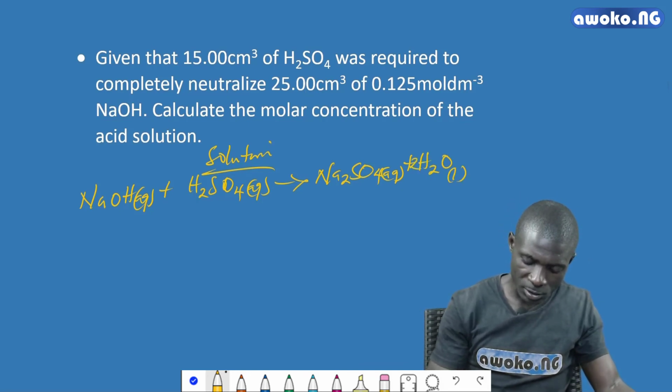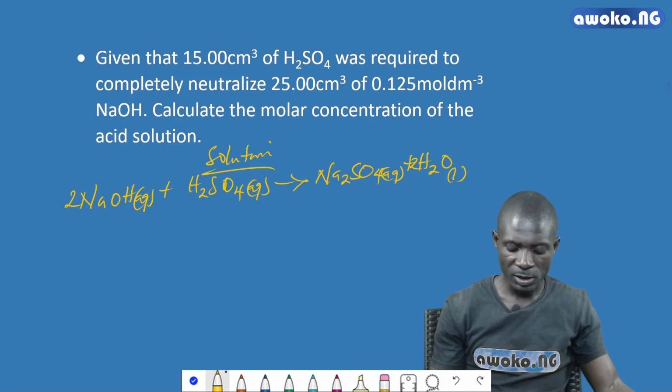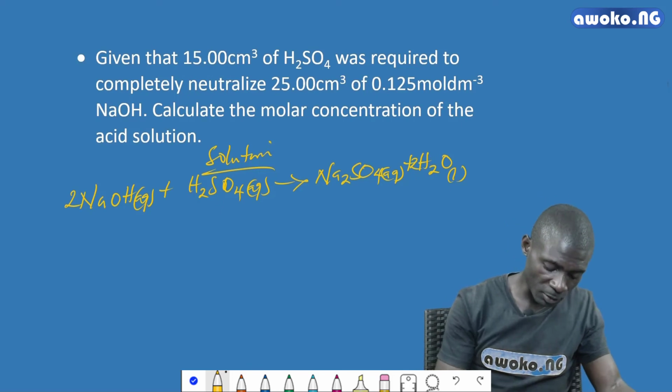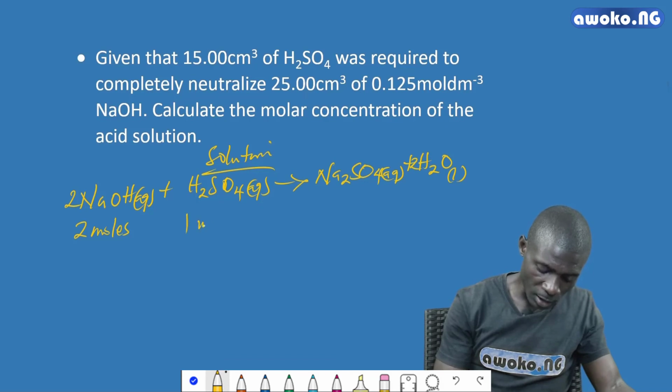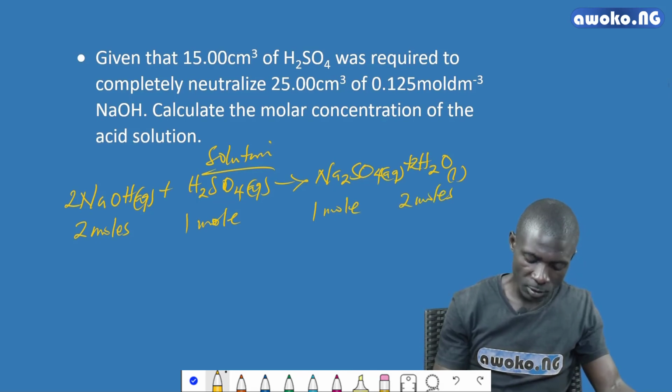By inputting our values here to balance the equation, we have 2 here and we also have 2 here. So this is the balanced chemical equation for the reaction. Our number of moles of base is 2 moles, while the number of moles of acid is 1 mole. That gives us 1 mole of salt and 2 moles of water.